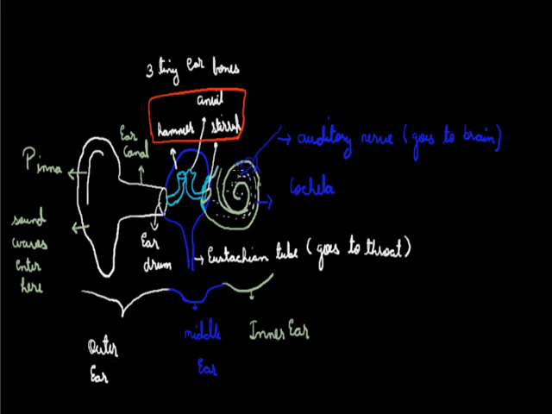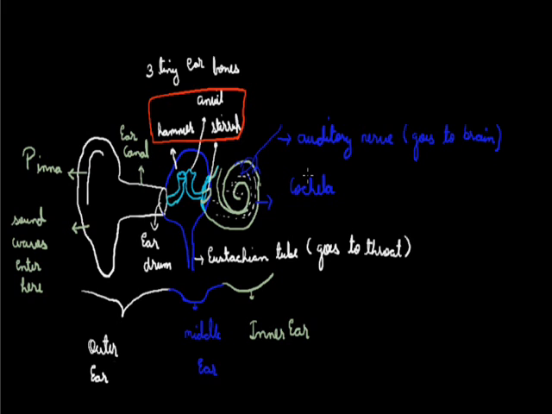As the liquid in the cochlea starts to vibrate, it sets up electrical signals in the nerve impulses present in it. These electrical impulses are carried by the auditory nerve to the brain, and the brain interprets these electrical signals and identifies the sensation of sound.